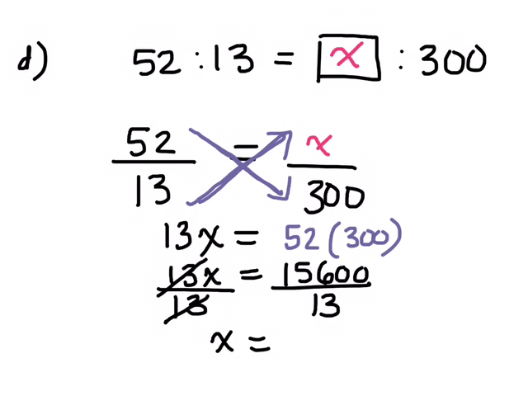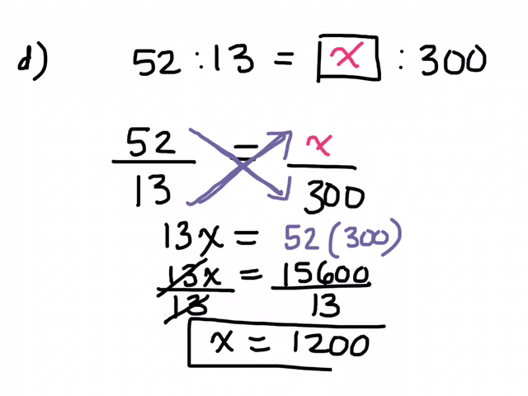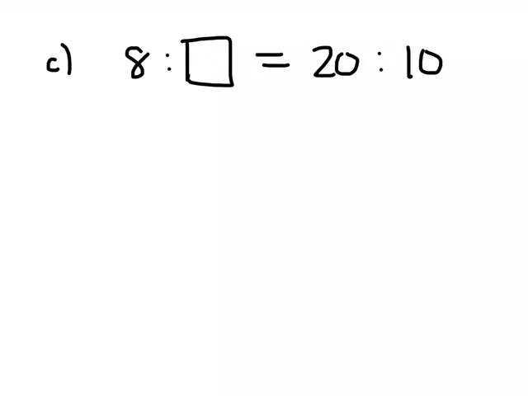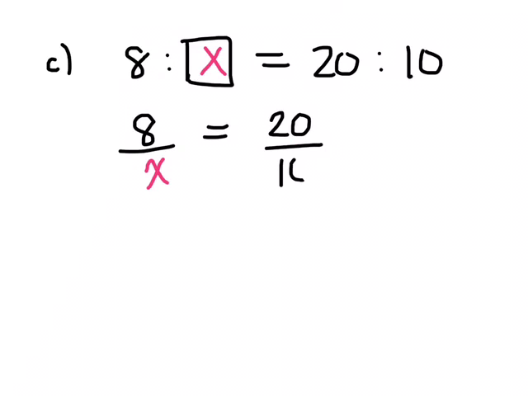What's X equal to? What's 15,600 divided by 13? 1,200? Raise your hand if you got that answer. Good. 8 over X, because that's the unknown, equals what? Perfect. 20 over 10. Again, cross multiply.